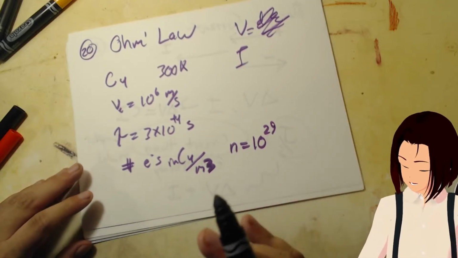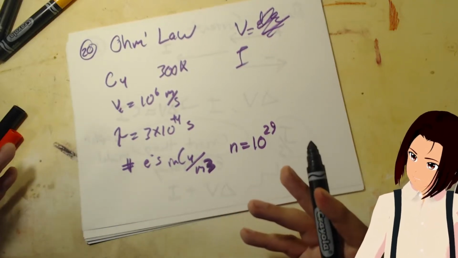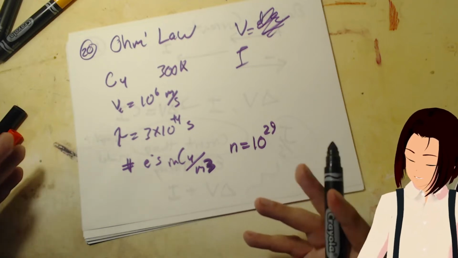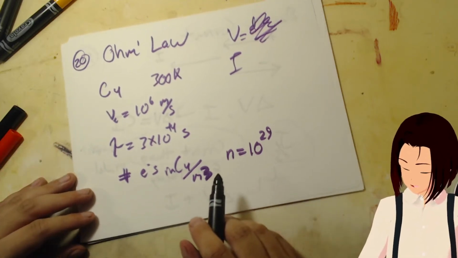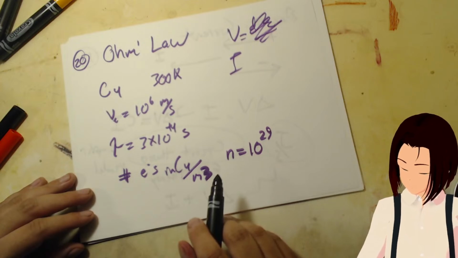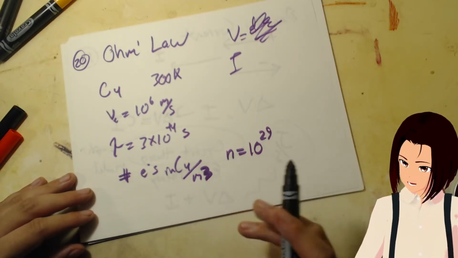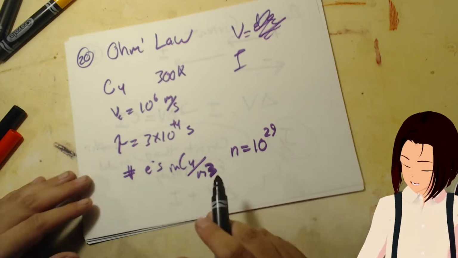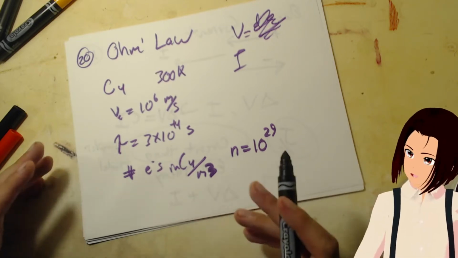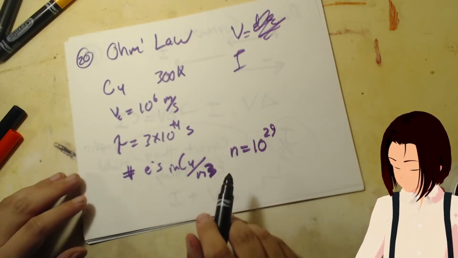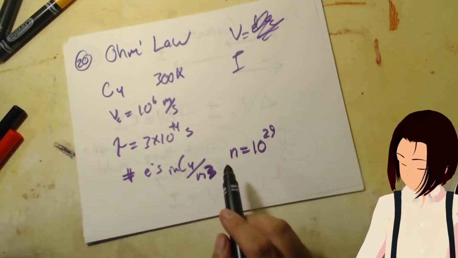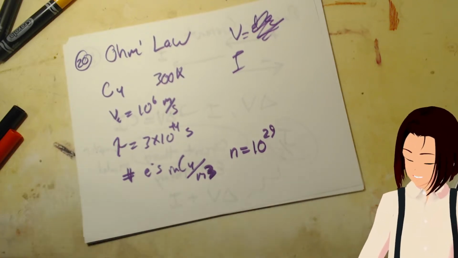It's a big number because it's a unit cubed. It makes sense because there's about one free electron for every atom in copper. That's why copper is an excellent conductor. Those things are important to know.